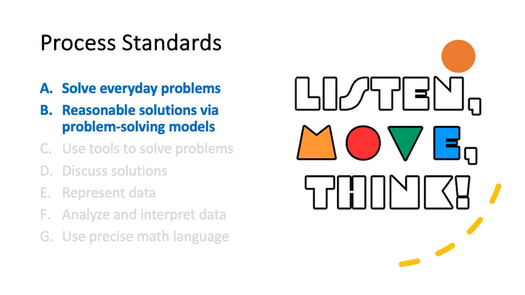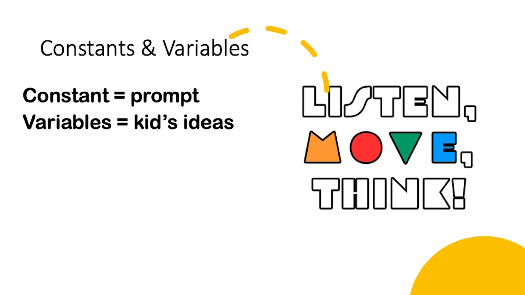These are two things that Listen, Move, Think can do very, very well, especially because all of the things the children are going to manipulate come out of a child's mind. Every time you give a prompt, it is a constant.